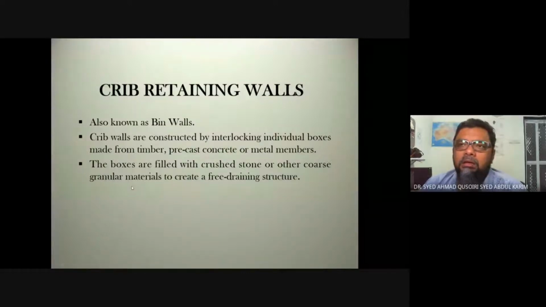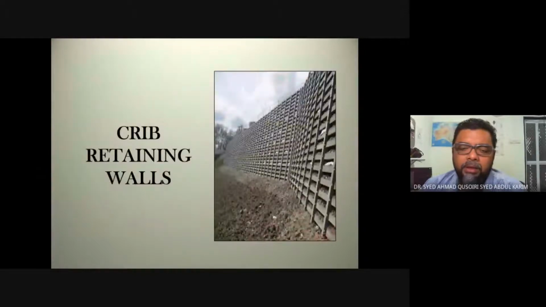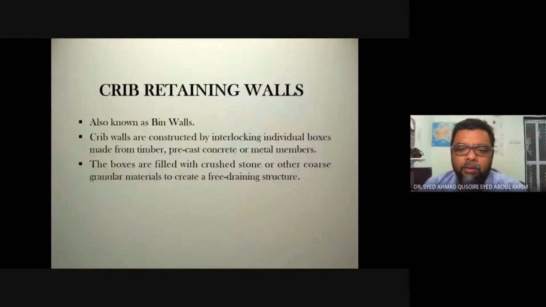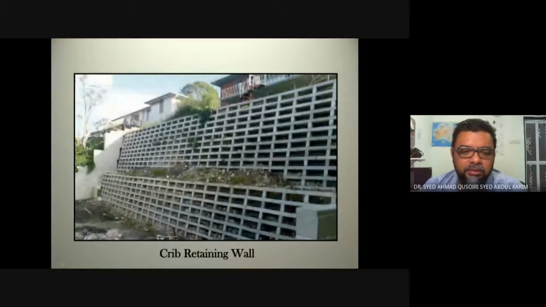Okay, normally granular materials, stone type of material. So once we have put in this crib with all these materials, it becomes a wall on its own. So it works something like the gabion wall.